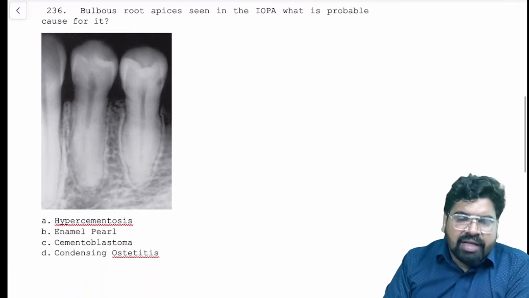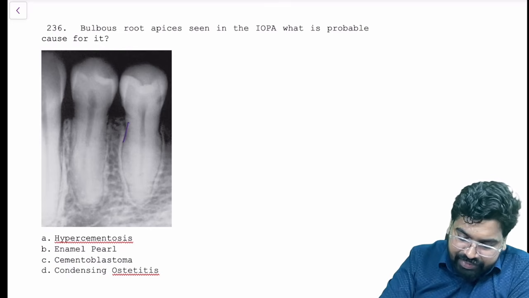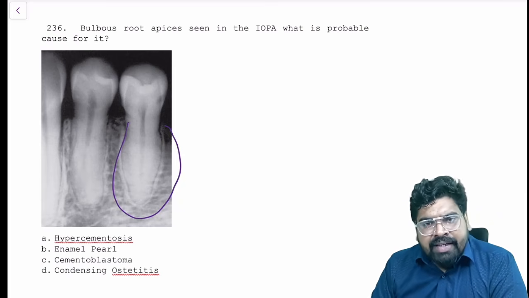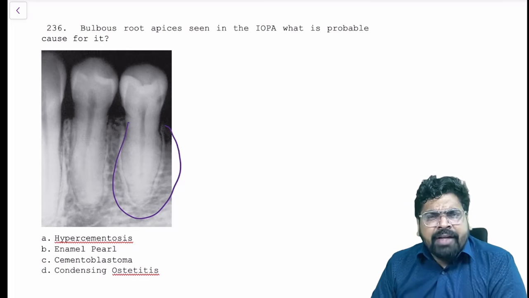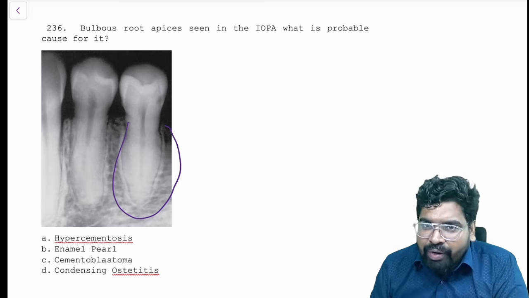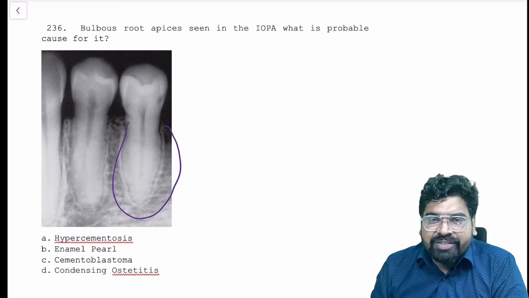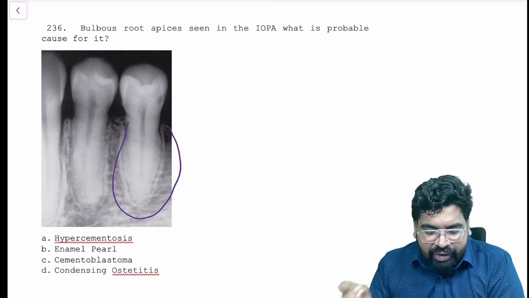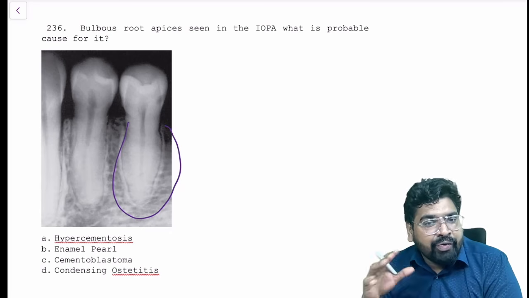Now, what is this? Bulbous root, seen in IOPA. You can see this. While discussing certain lesions, I think we have discussed cementoblastoma in odontogenic tumors. I don't know if you remember or not, but if you are not remembering, please go back to the video of odontogenic tumors and see cementoblastoma. Revision is the key. There I have shown you a radiographic picture of how to identify things.